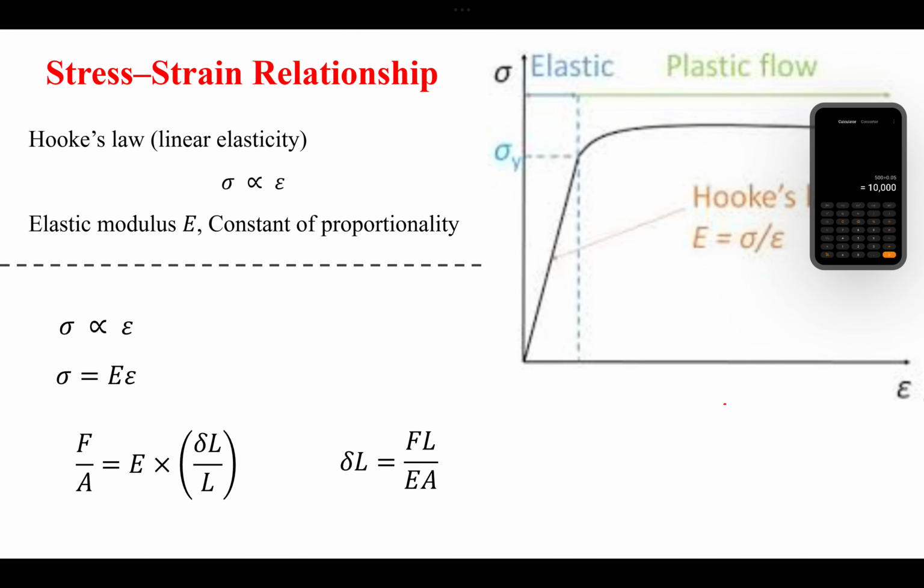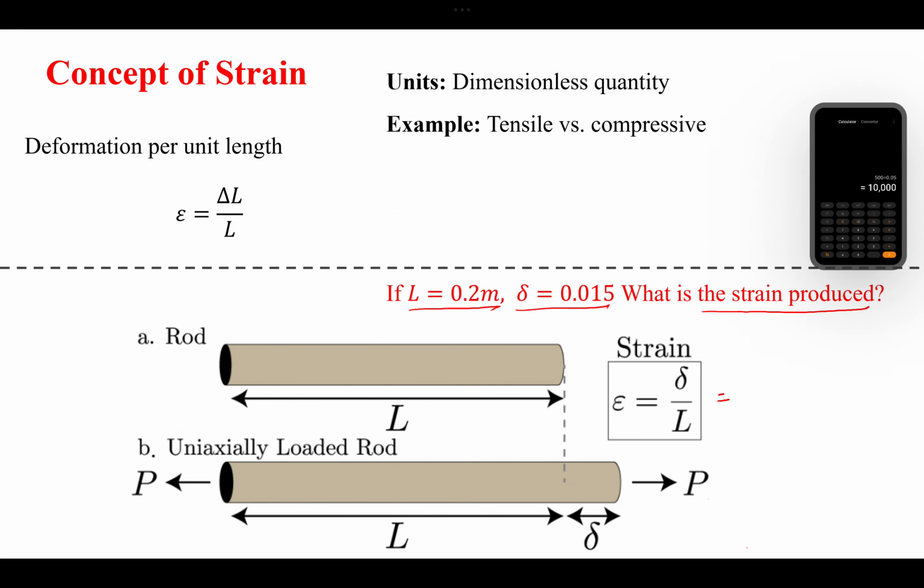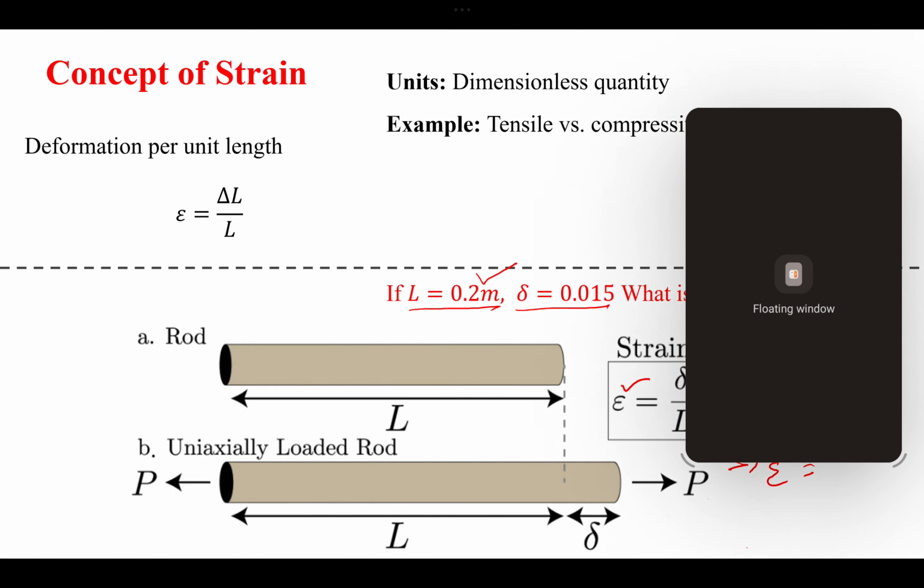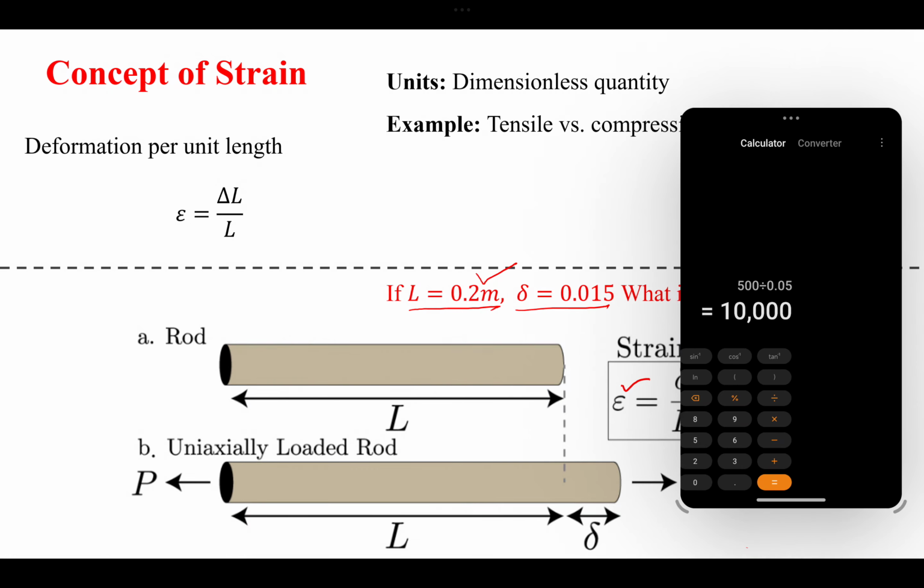So your change in length is 0.015 meter, divided by the original length, which is 0.2. And you get the strain, which is by the way represented by this epsilon given here. So let's calculate it. 0.015 divided by 0.2.